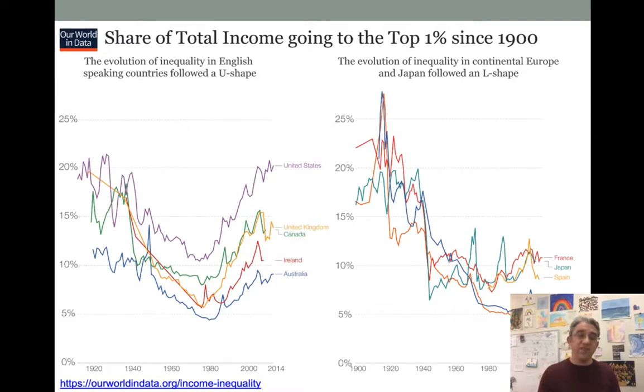What we have seen in the United States in particular is not just that the top 1% are taking more and more of the share of income, but that a large percentage of economic growth is accruing solely to the top 1%. That's an interesting situation because it means that for many people in the economy, even when the economy is growing, there's a feeling of stagnation.